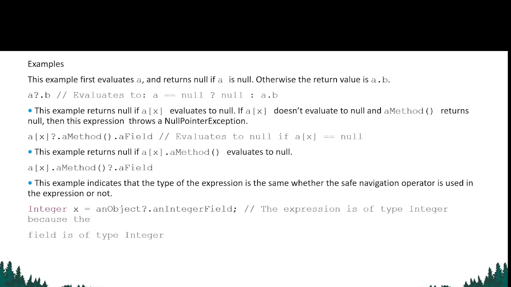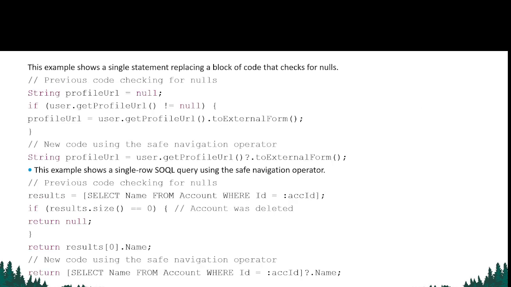So we have the integer x, an object, and then an integer field. The expression's data type is defined as the integer type. Next, we have the example that shows a single statement replacing a block of code that will check the value for nulls.